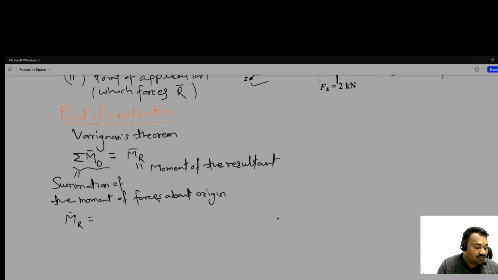Everything here we are taking with respect to origin. Moment of resultant means this R, which will be multiplied by ROP.